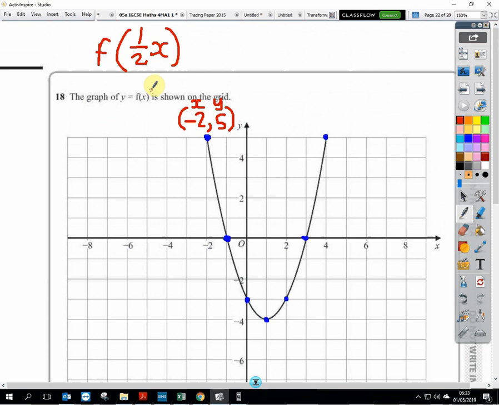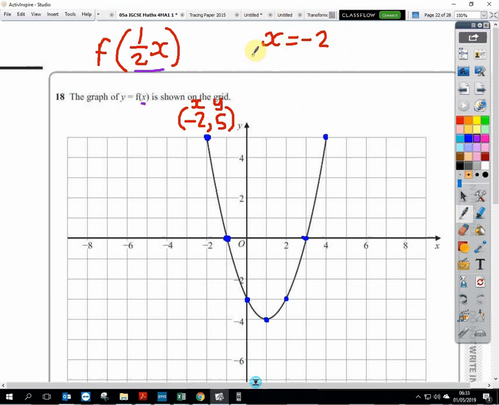But what has happened? Well, the x has changed to half x. So think about it like that.